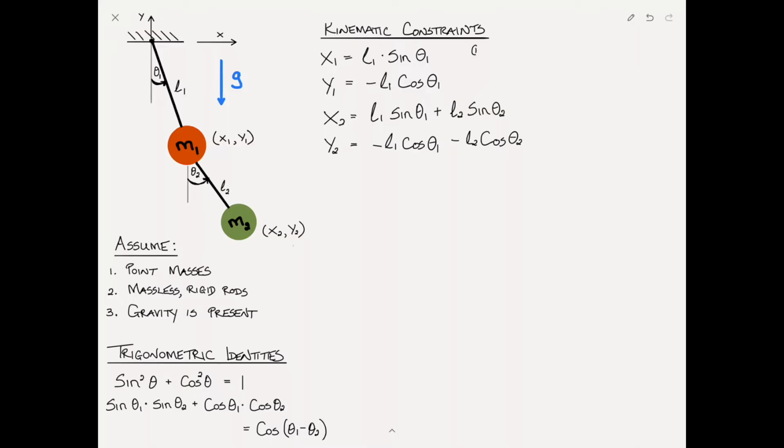And let's give these numbers 1, 2, 3, and 4. All right.